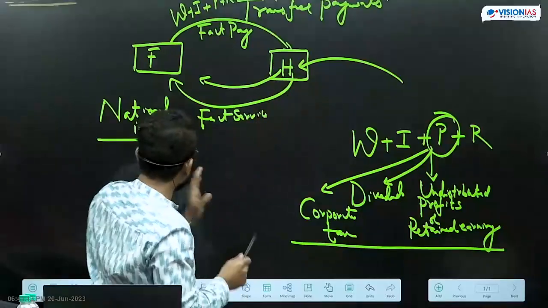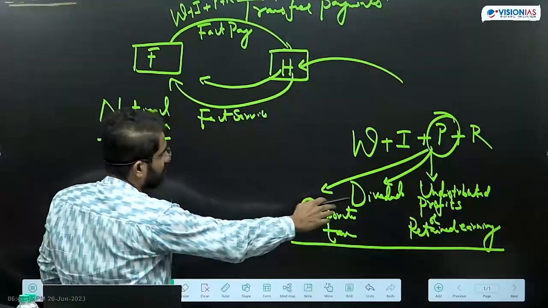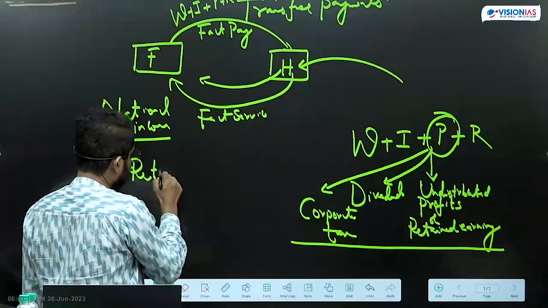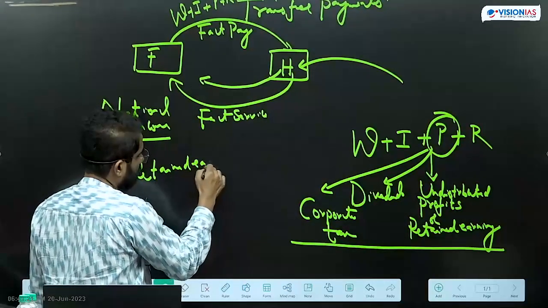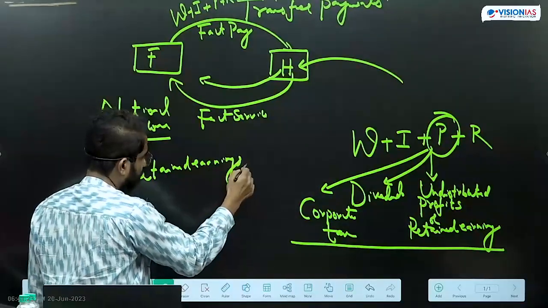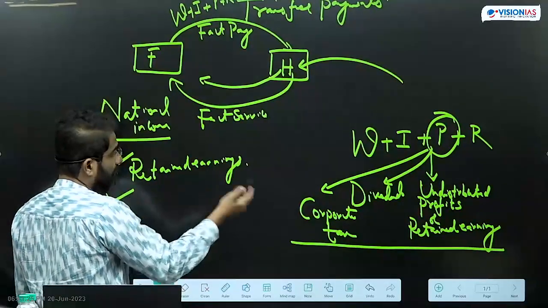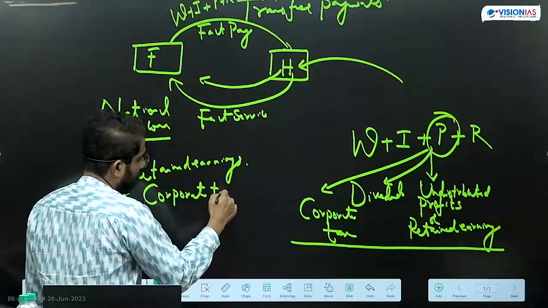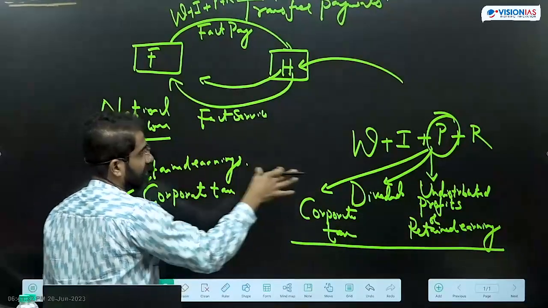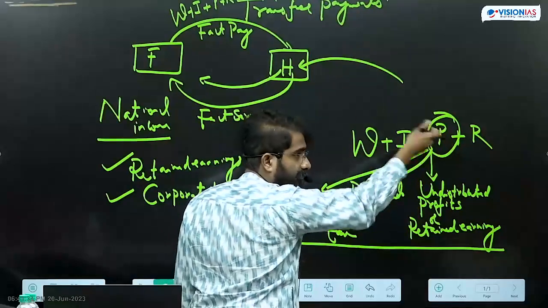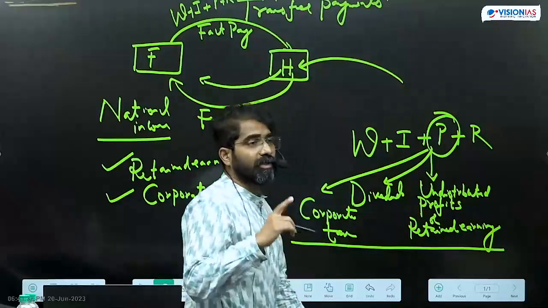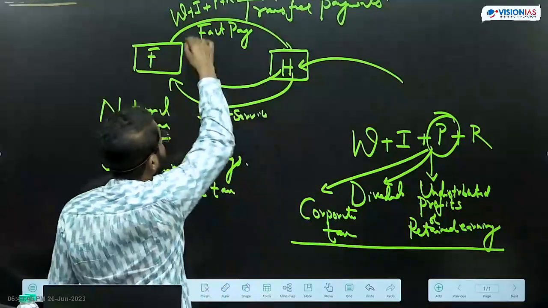So this undistributed profit or retained earnings, and this corporate tax, are part of national income, that is, they are part of profit, but they are not going to be part of household income or the personal income because they are not getting distributed.